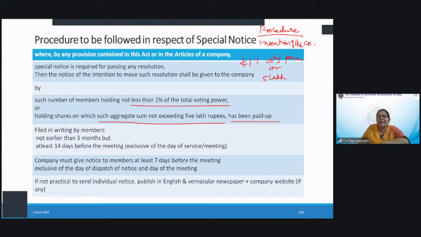It should be filed in writing by members.